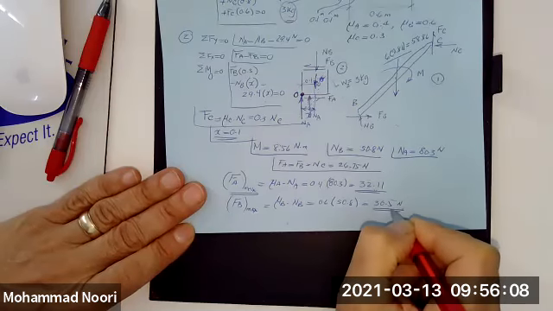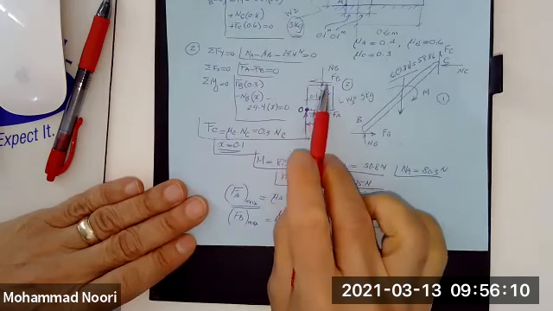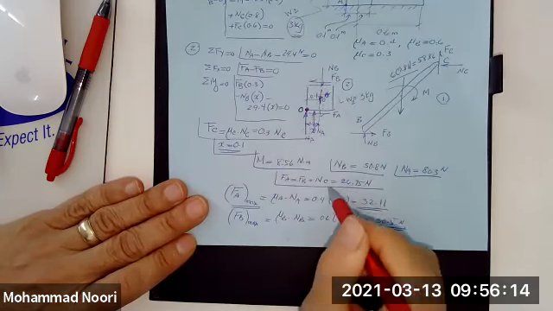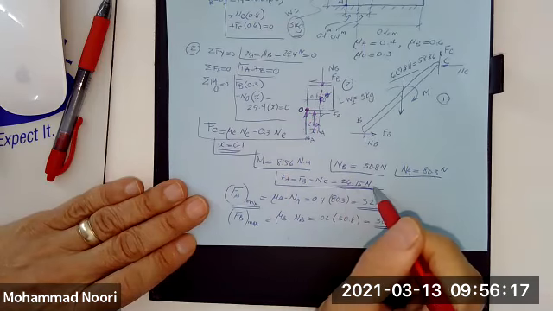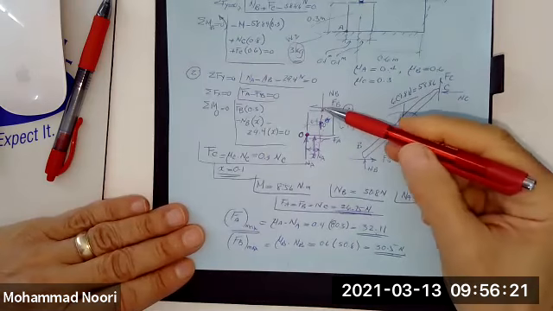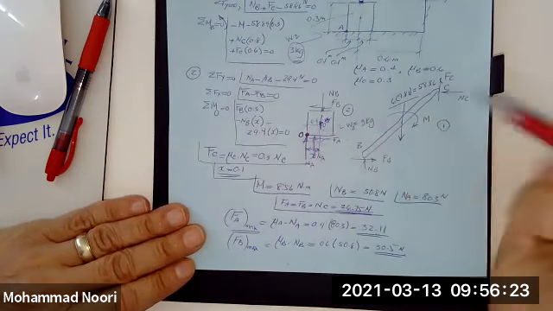And still, the friction force that is generated here is greater than the force that we need to keep this in equilibrium. So what that means is no motion here and no motion here is going to take place.